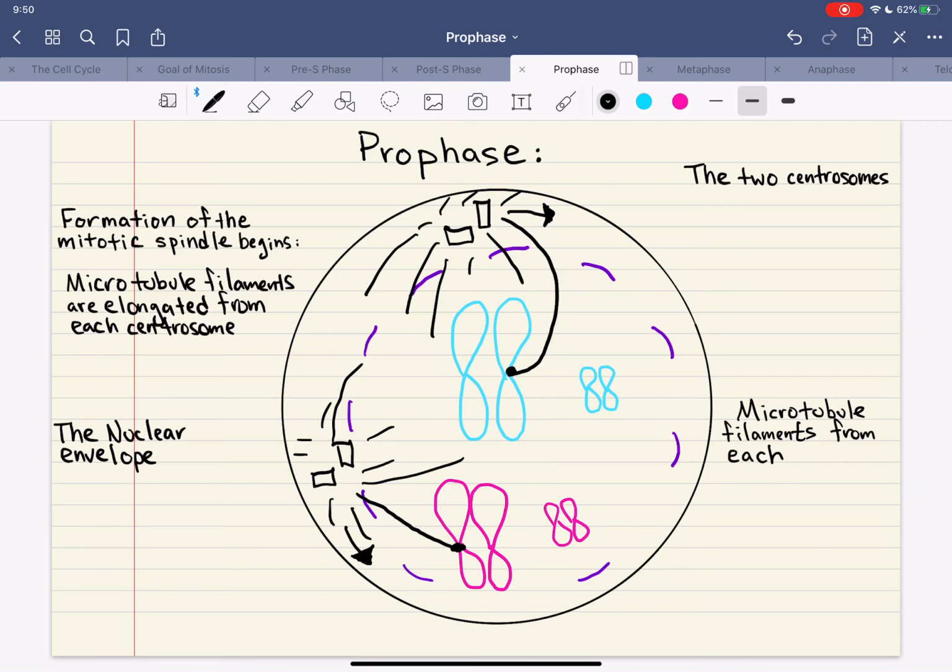And eventually, when we get to metaphase, you're going to have one centrosome on the north pole and the other on the opposite south pole. So at this point, they're starting to migrate to opposite poles.